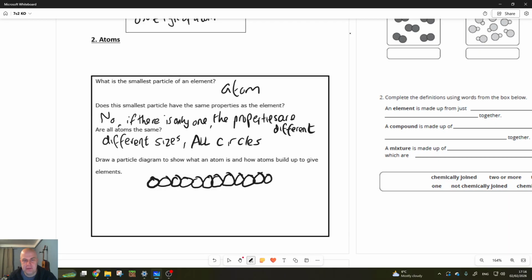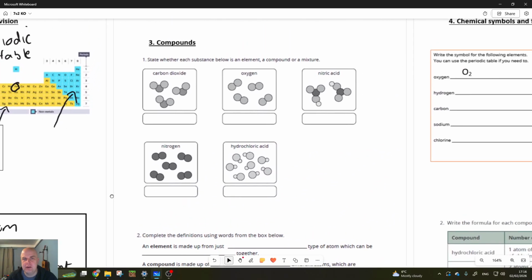You can maybe just write an arrow saying they're all the same size, because then you've shown you've drawn them as circles and they're all the same size. That way you've covered yourself by describing your diagram.